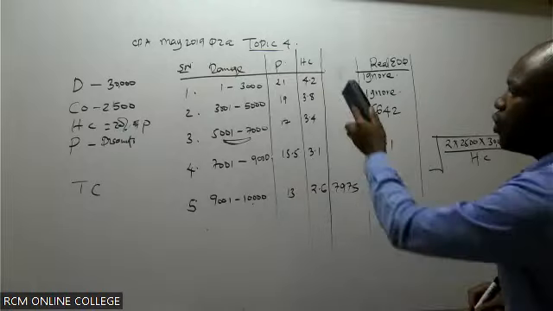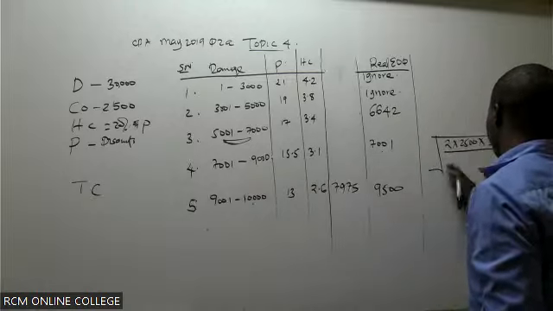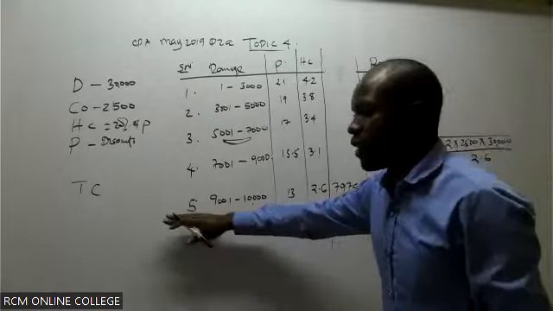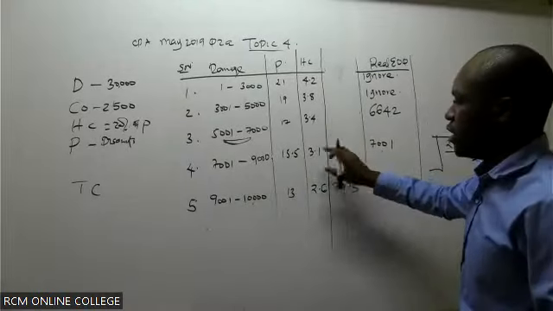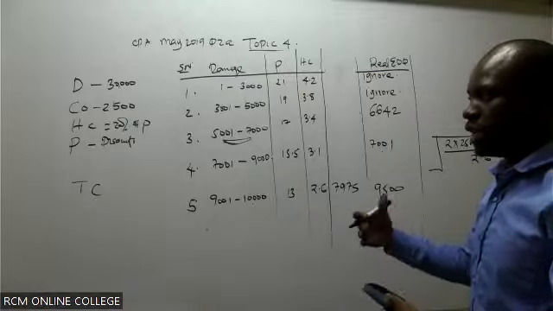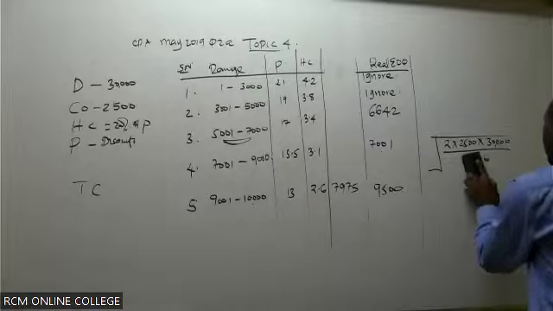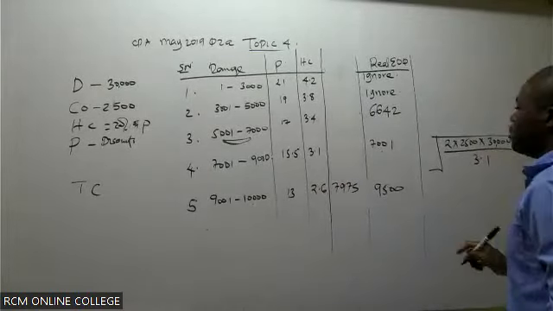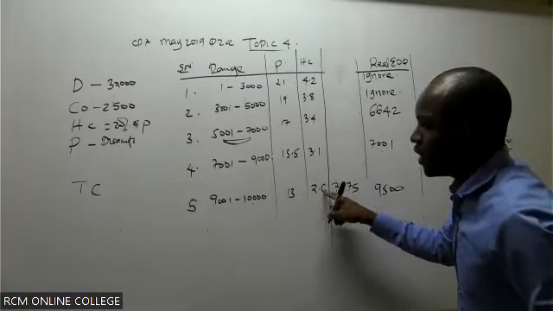You are taking holding cost of 2.6, not 3.1. Where are you getting 2.6? From this range 5. Why do you take a figure from range 5 and use it in range 4, yet range 4 has got 3.1? Why do you want to bring it back? If you want to bring anything for range 4, then do away with 2.6, give us the holding cost in 3.1, because this one here is coming as a result of the holding cost in that range.